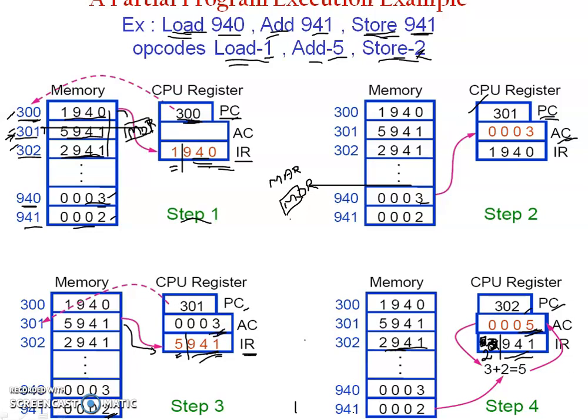So to 941 it needs to store the result. So this 0002 will be overwritten as 0005. Okay, so this is the process that is being done.